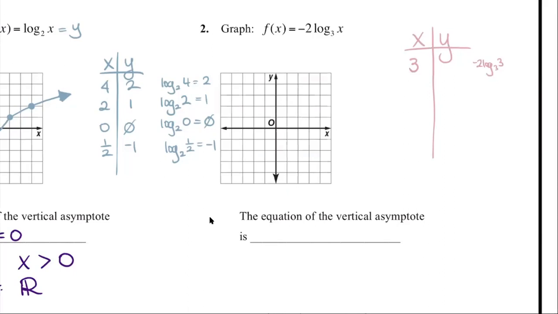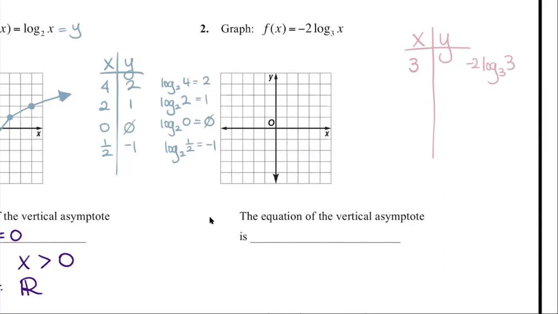It's not 9. So remember, whenever you have a log, it's asking what exponent, right? So 3 to what exponent gets me 3? 1. 1, exactly. So then this, right, is just -2 times 1.